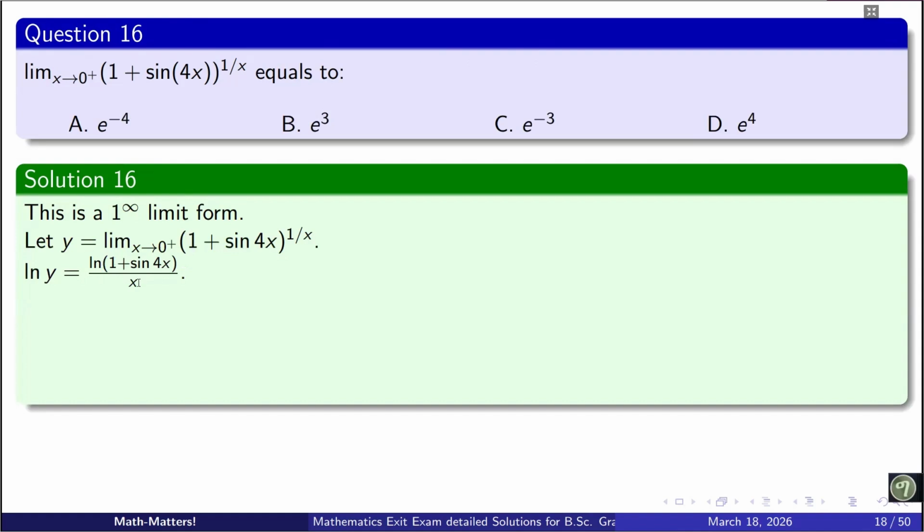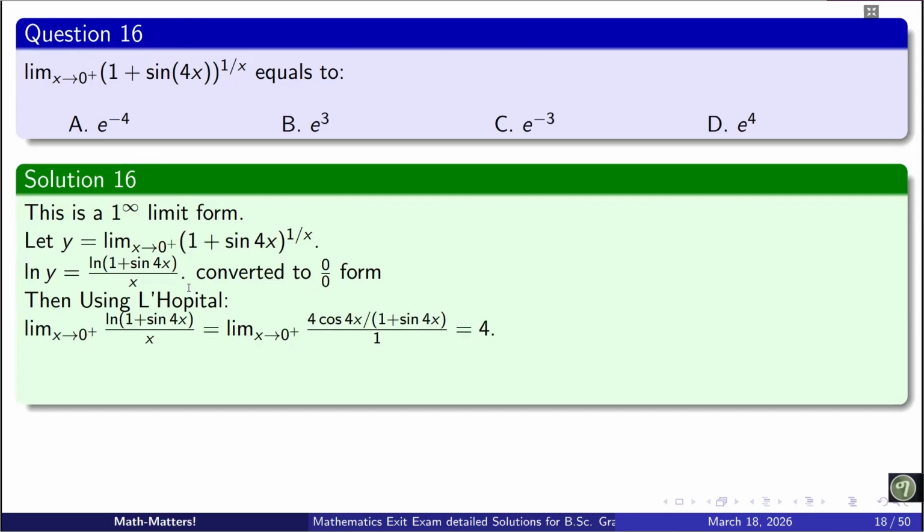Again, the denominator x also approaches 0 as x approaches 0 from the right side. Therefore, this rational function has a 0 over 0 indeterminate form.